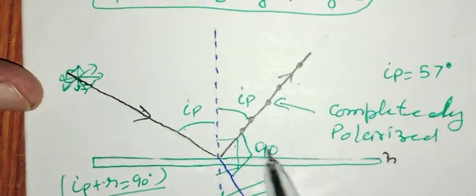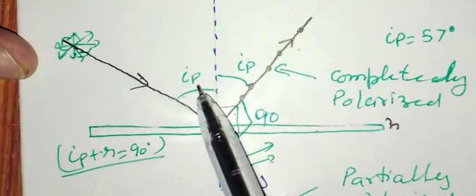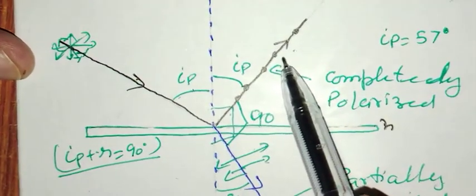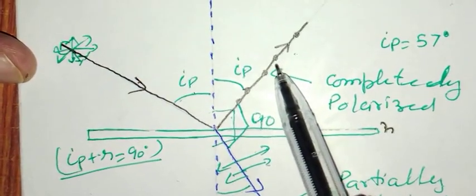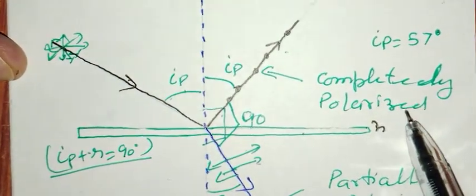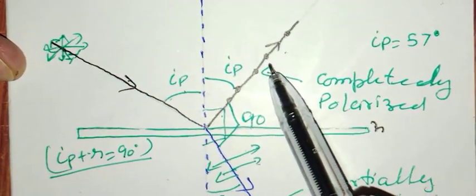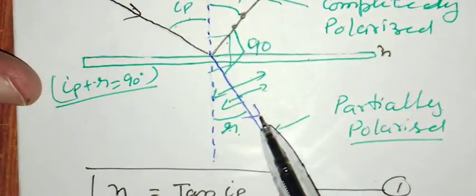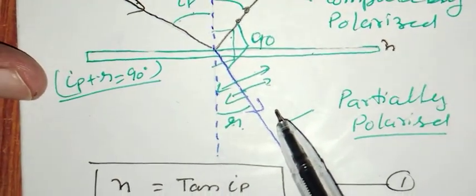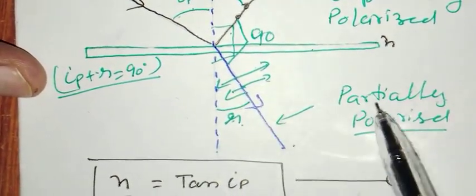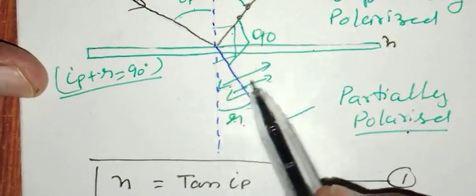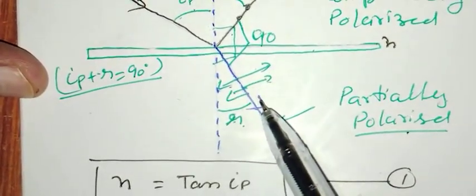So in Brewster's law, the important result is: if light falls on glass at a certain angle, the reflected ray becomes completely polarized, with its plane of vibration perpendicular to the plane of paper, whereas the refracted ray, called the transmitted ray, is partially polarized, with its plane of vibration along the plane of paper.